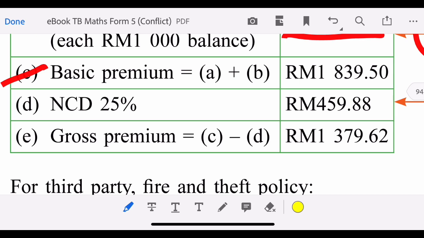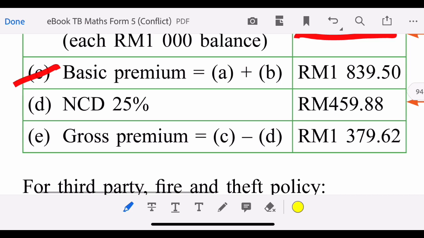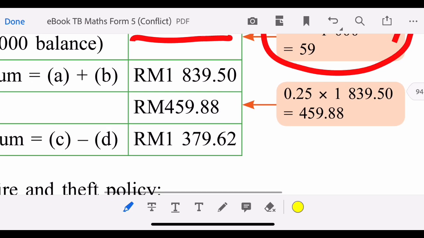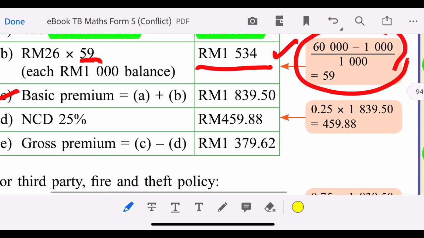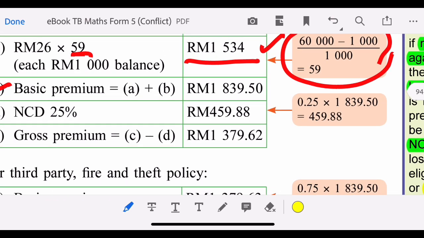So NCD is 25%. Okay, so 25% times the basic premium, so you will get 400 something, quite a lot of money, 459.88.